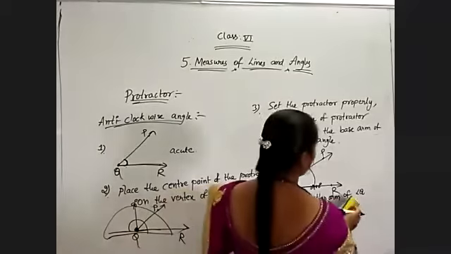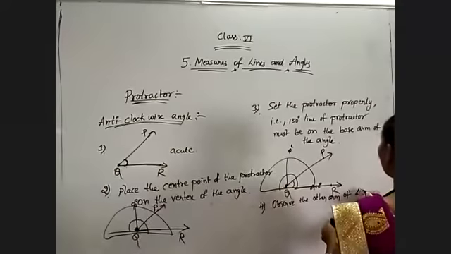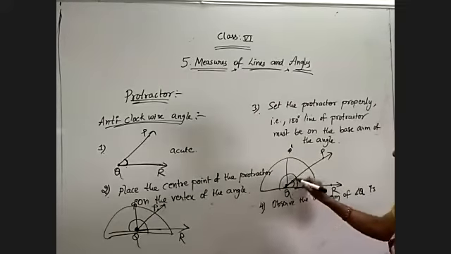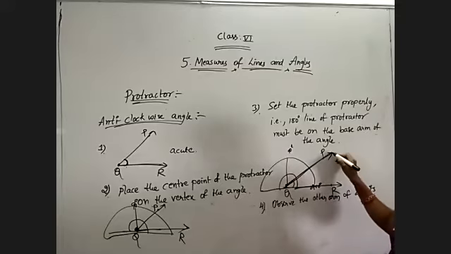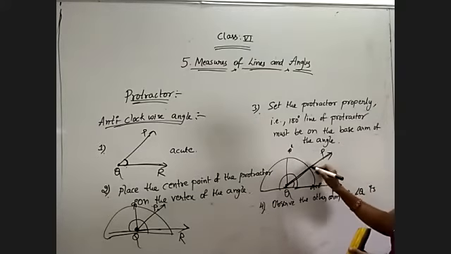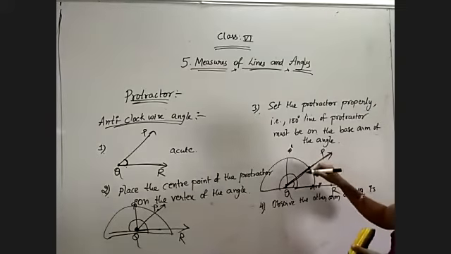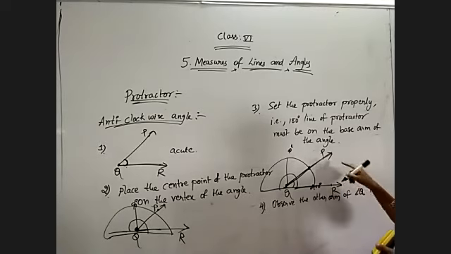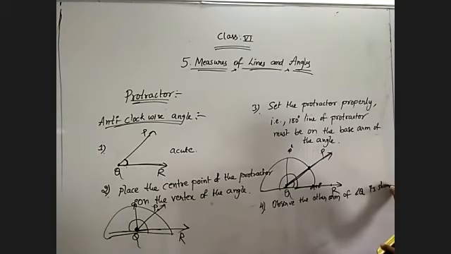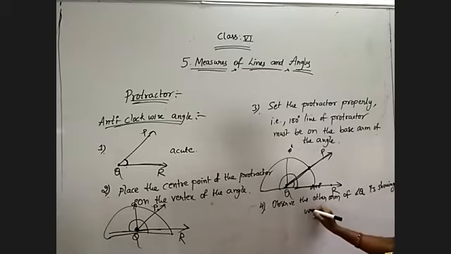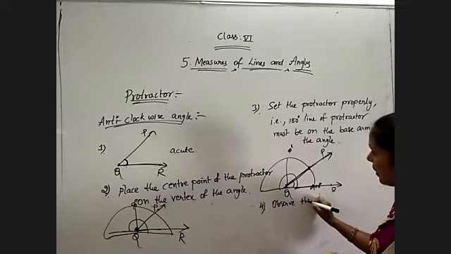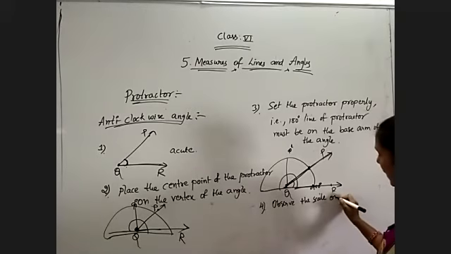So observe the other arm of angle Q. The other arm is QP. Which point, which number on the protractor is it showing? Observe which scale on the protractor the other arm of angle Q is showing. Observe the scale on the protractor.